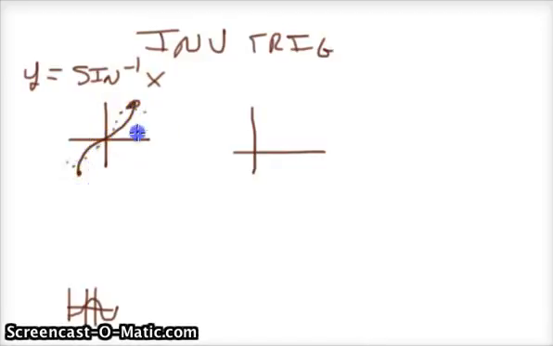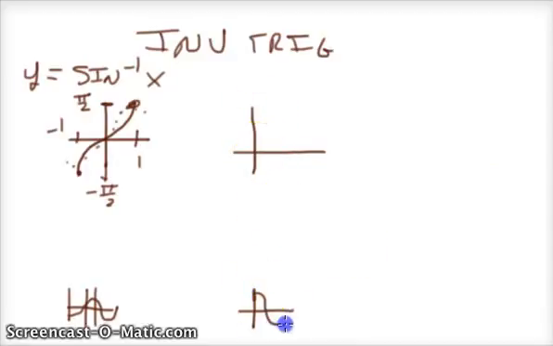All right, so this is 1, and this is -1. This is pi over 2, and this is -pi over 2. Okay, so notice the domain of inverse sine is -1 to 1. The range is pi over 2 to -pi over 2. Now, how about the cosine? Well, now remember, the cosine curve goes like this, correct? Okay.